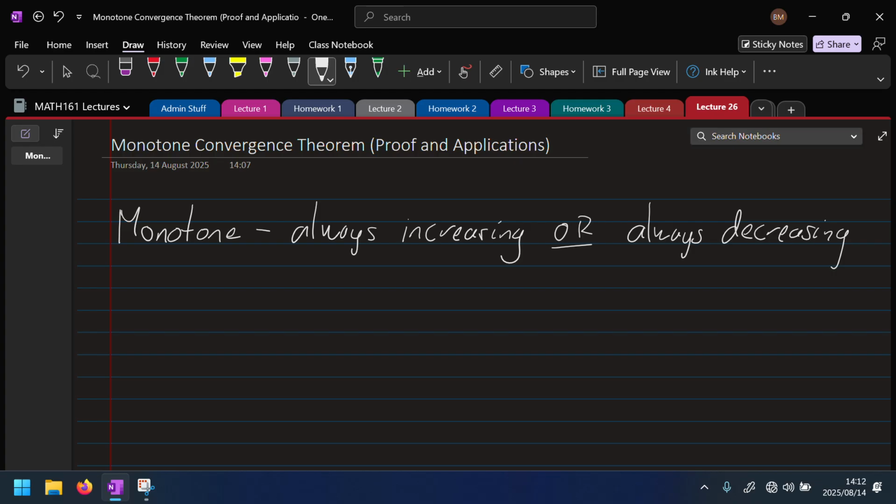Okay, so mono, right, one, and then tone is whether it's increasing or decreasing. So none of this going up and down and up and down, none of that. It's either always increasing or always decreasing. We say the sequence is monotonic, or monotone. So you might see monotonic, it means the same thing. Okay, so always increasing or always decreasing.